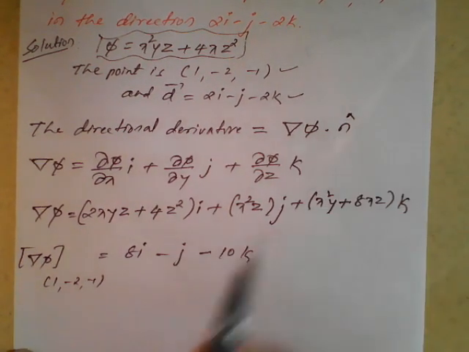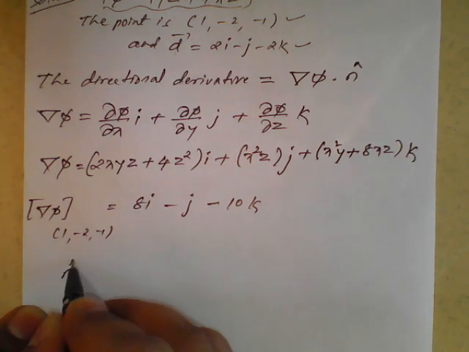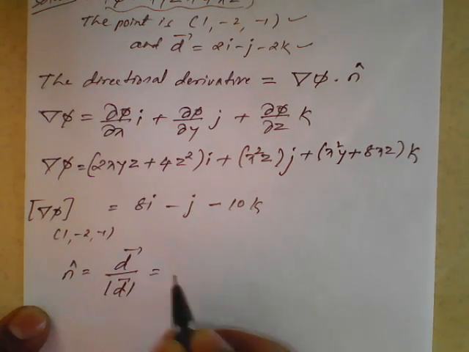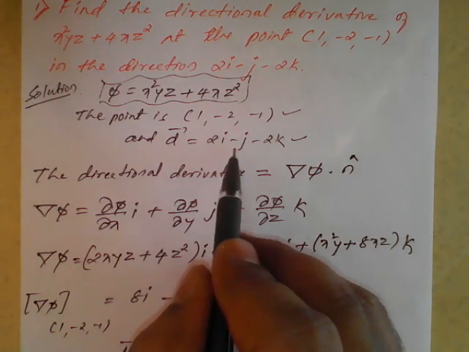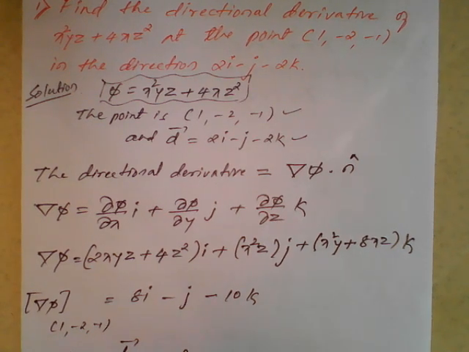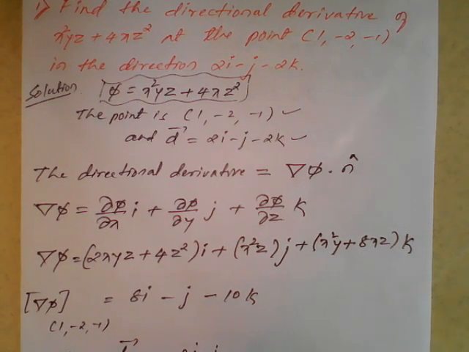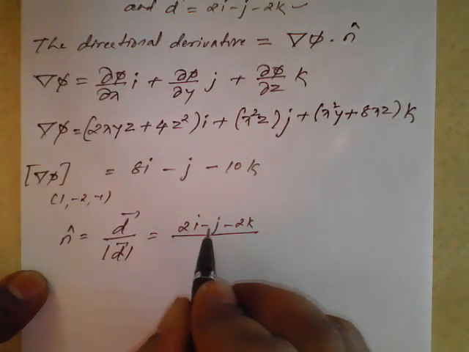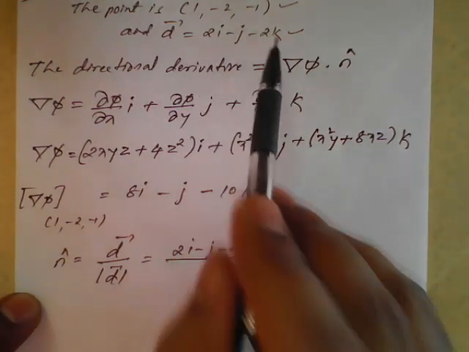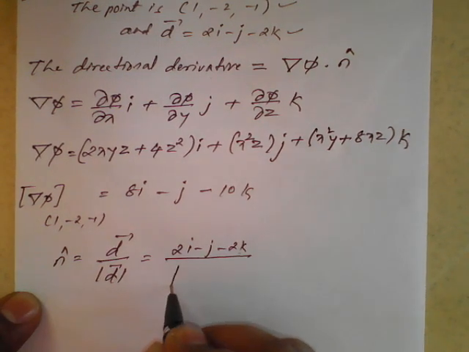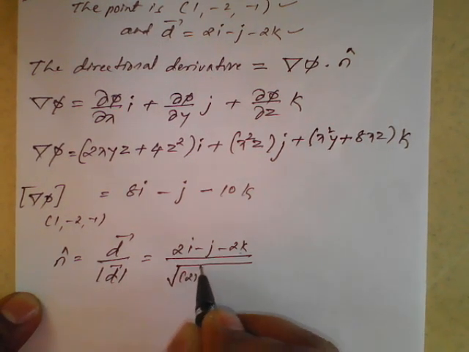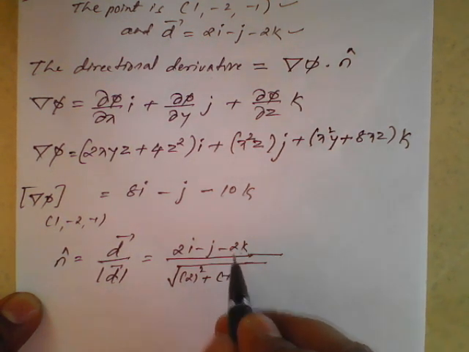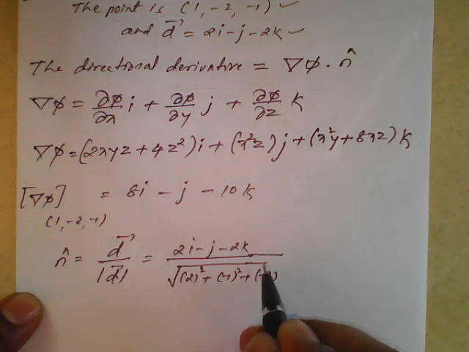Now we need to calculate n cap. We know that n cap is nothing but vector d divided by the modulus of vector d. So d is nothing but the direction they have given, 2i minus j minus 2k, divided by the modulus, which means the square root of 2 square plus the coefficient of j, minus 1, square plus the coefficient of k, minus 2, whole square.